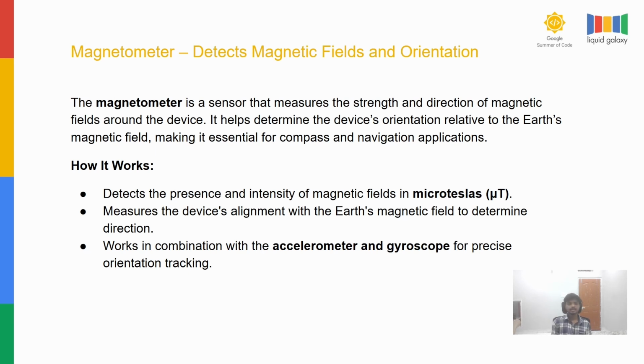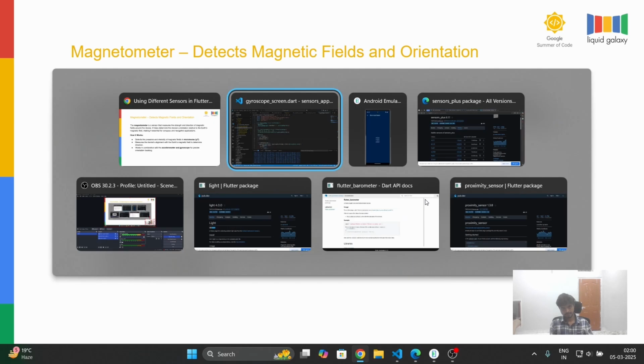How it works: detects the presence and intensity of magnetic field in microteslas, measures the device alignment with the Earth's magnetic field to determine device direction, works in combination with the accelerometer and gyroscope for precise orientation tracking.